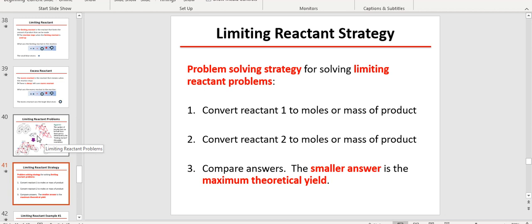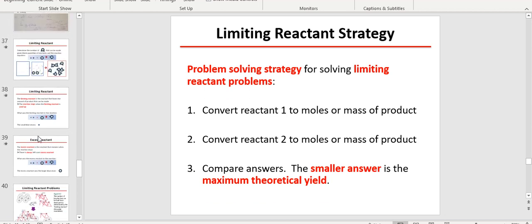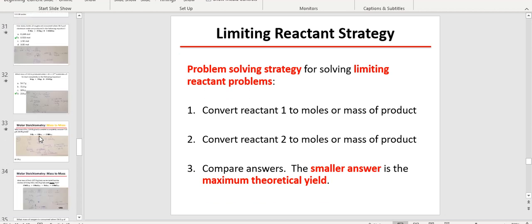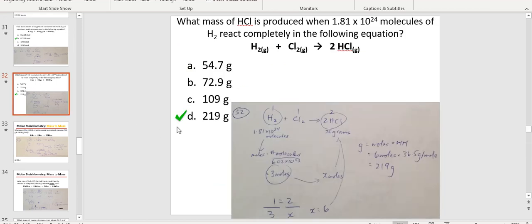The one thing I want you to notice is I'm going to scroll back to these guys here that we were just doing. It doesn't matter if we were doing moles, or grams to moles, or molecules to moles, or whatever it was. I gave you the chemical reaction. You have the molar ratios. I'm asking for one thing, and I only give you one thing.